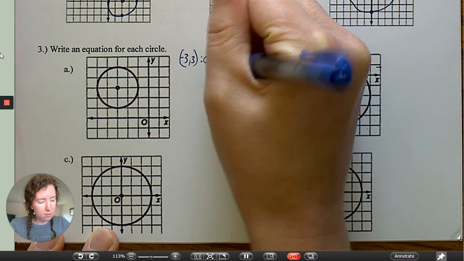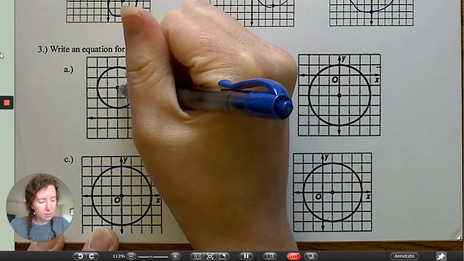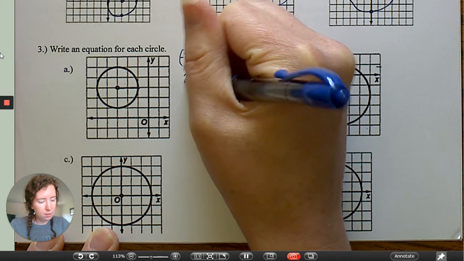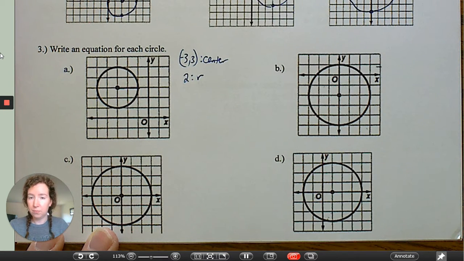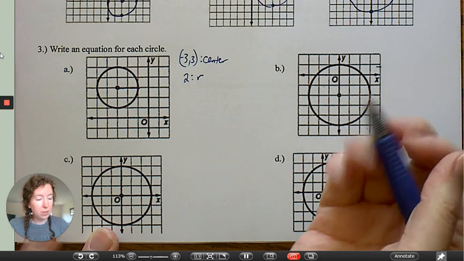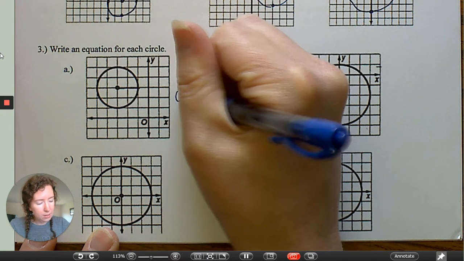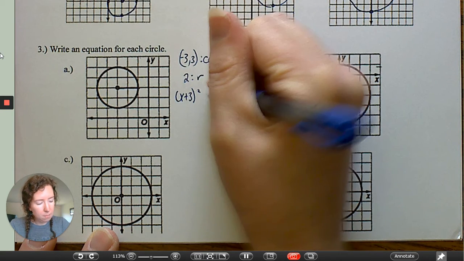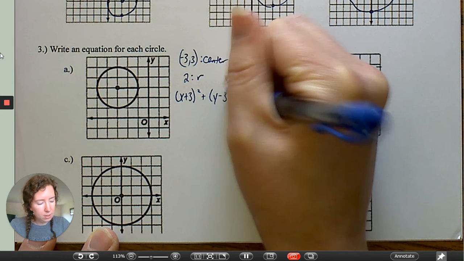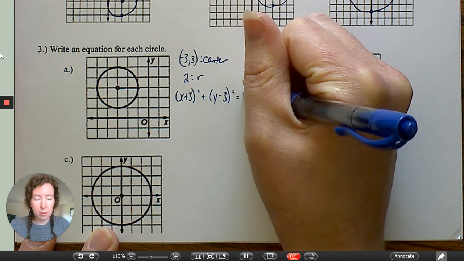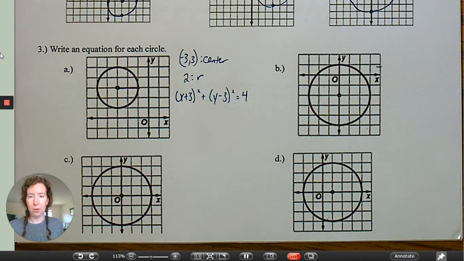So that's my center. And it has a radius of 2. All right, so let's plug that into my equation. X plus 3 squared plus y minus 3 squared equals 2 squared, which is 4.